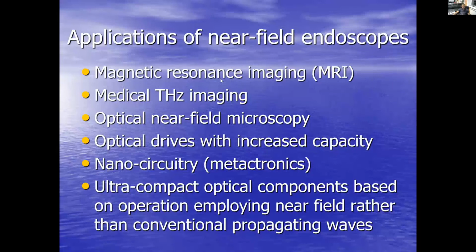I think right now our group, with the help of our French colleagues, really demonstrated that we can use similar structures for MRI, not exactly the lens itself, but at least resonators with Fabry-Perot resonances, which were used in these lenses. Medical terahertz imaging, this is something which we people from Sydney are doing, and they're actually claiming that this is extremely important.